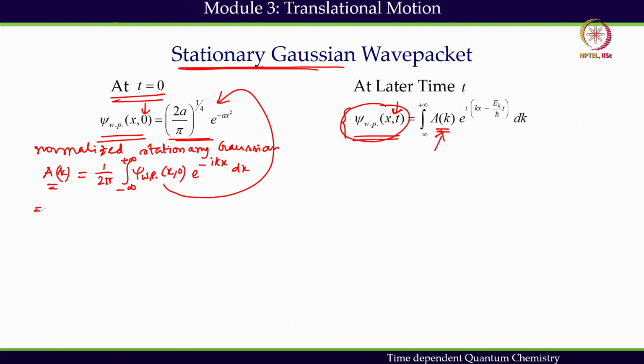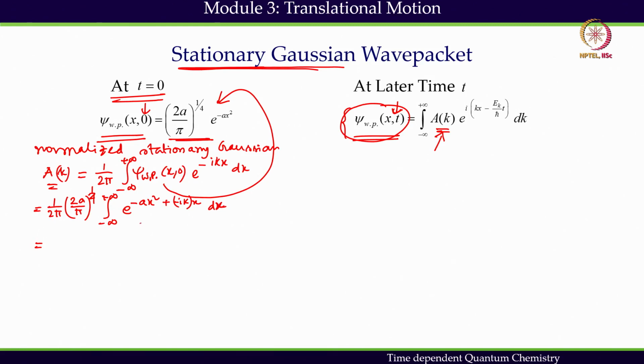If I plug that in here, it is going to be 1 by 2 pi, 2a by pi to the power 1 by 4, then integral from minus infinity to plus infinity of e to the power minus a x square minus i k x, dx. This is a standard Gaussian integral, which I have shown before, and it is very useful.